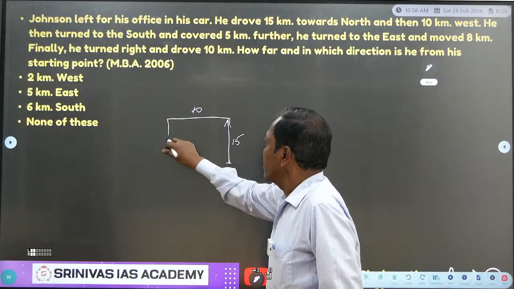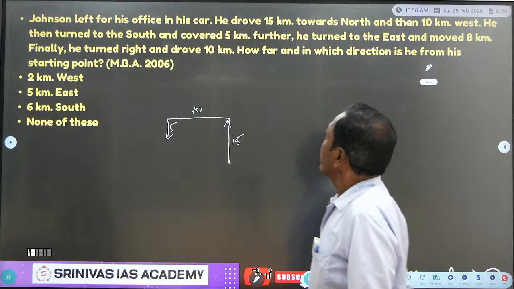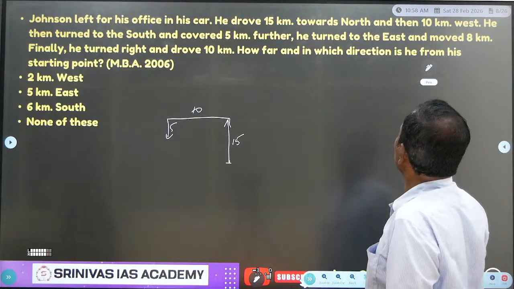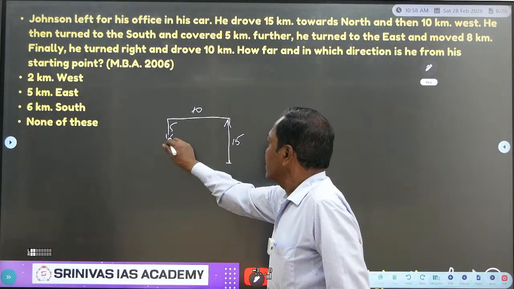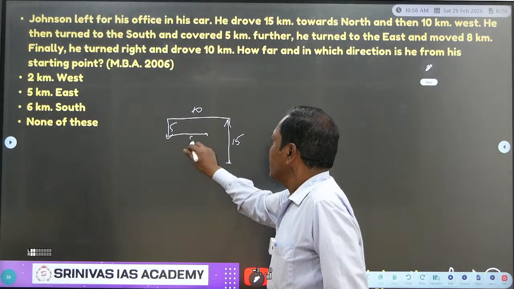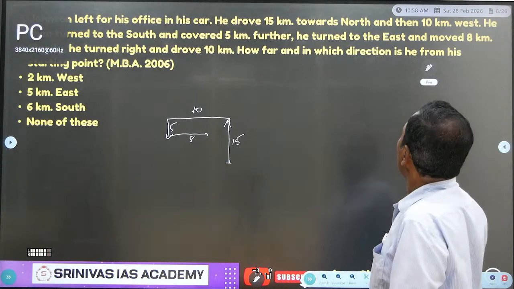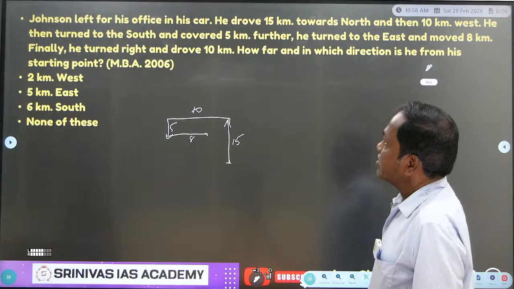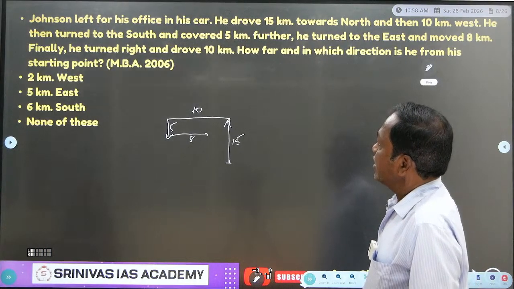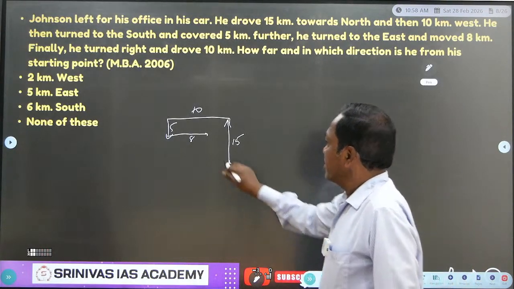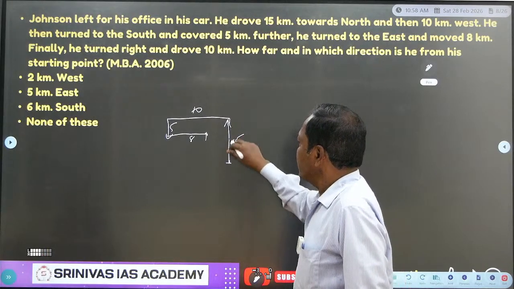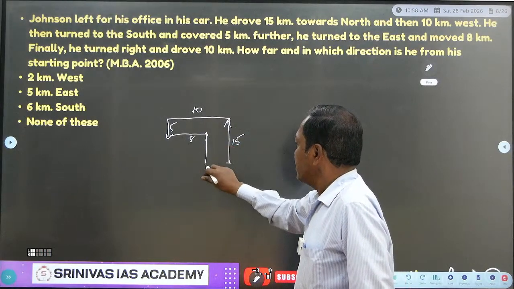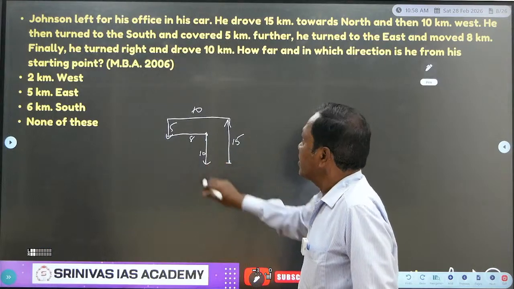This is 15. Further he turned to the east, moved 8. This is 10. This is 8. Like approximately we can mark. He turned right and drove 10 kilometers. This is the 5 now. 10 means exactly comes here.